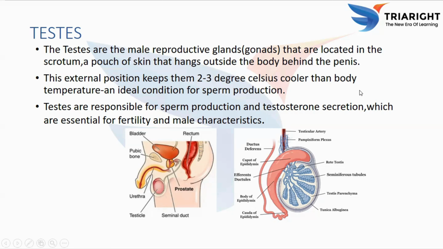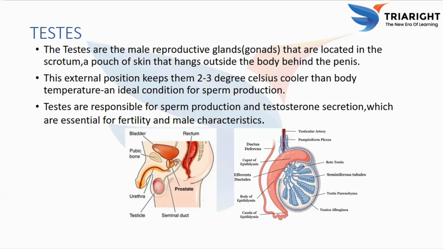Now, how does the blood supply reach the testis? For arterial supply, the testicular artery supplies the blood from a branch of the abdominal aorta. For venous drainage, the pampiniform plexus is a network of veins that cool the arterial blood.